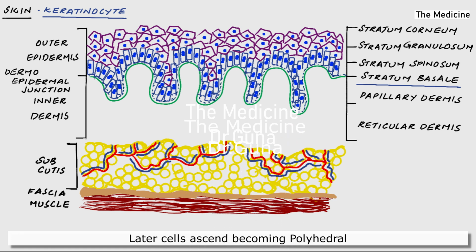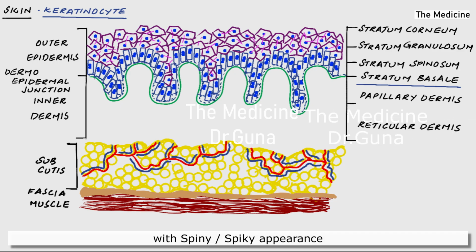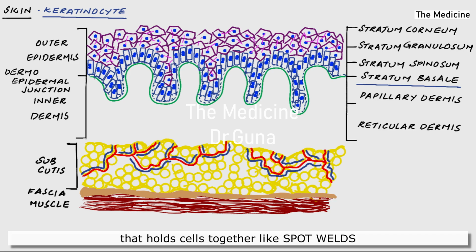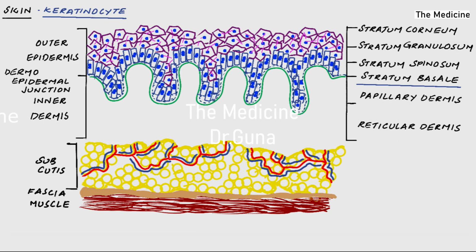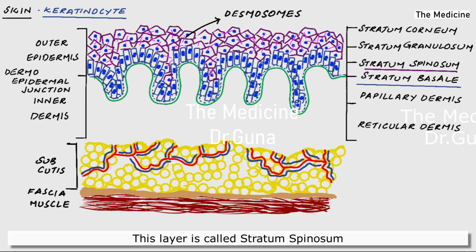Later the cells ascend, becoming more polyhedral in nature with spiny or spiky appearance. The spiny appearance is because of cell-to-cell connections that holds the cells together like spot welds called the desmosomes. This layer is called stratum spinosum.